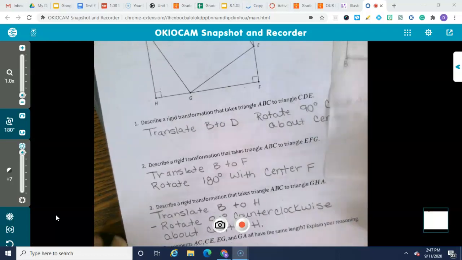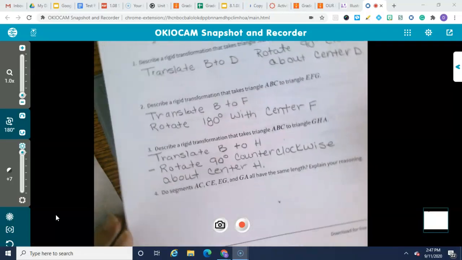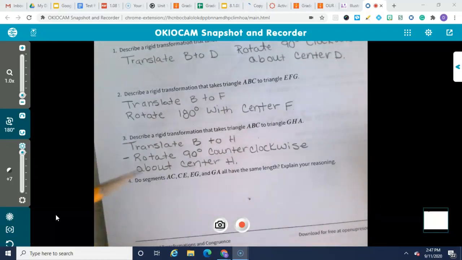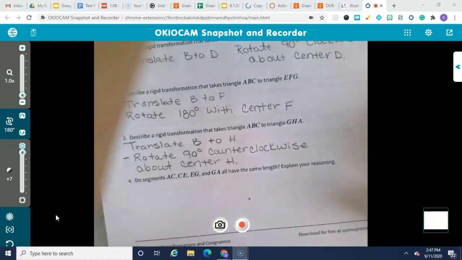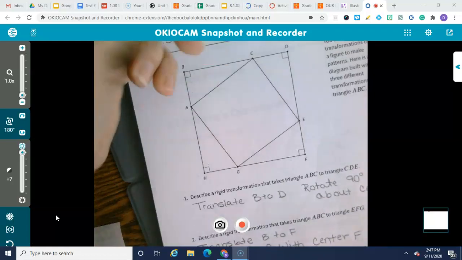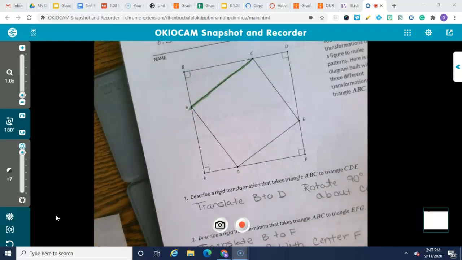Okay, so number 4, we didn't have to draw anything, we just have to answer a question here. Let me move it up here so you can see too. It says, do line segments, remember the line segments up here, AC, we're talking about these ones here, AC. What else we got?